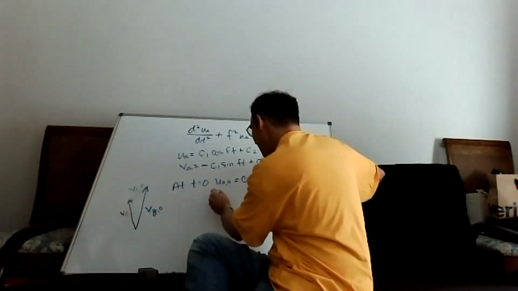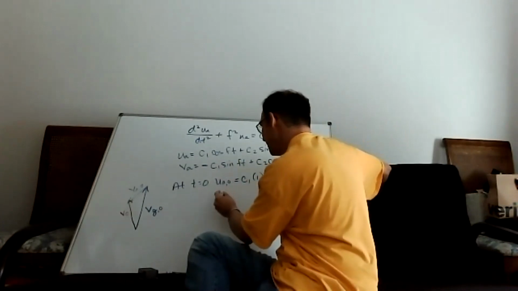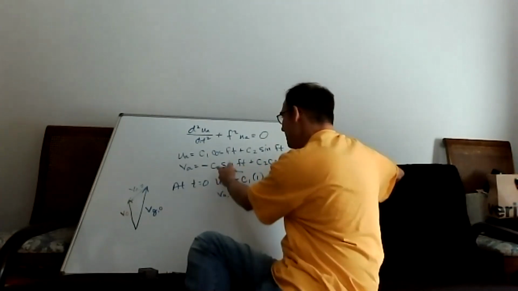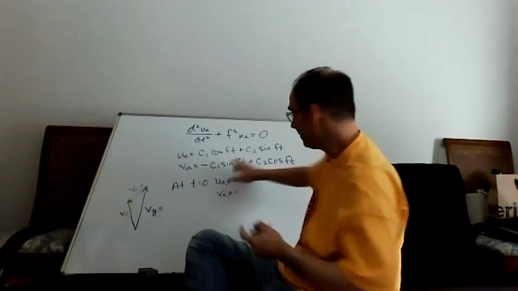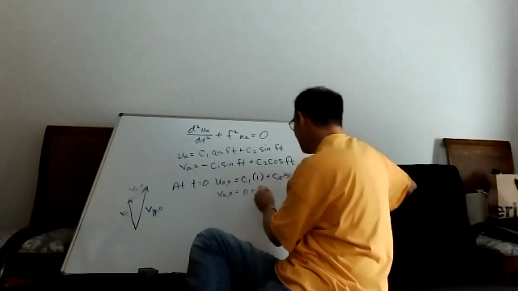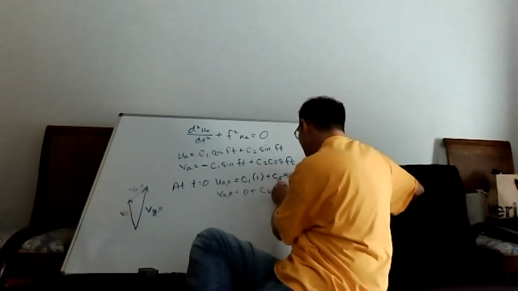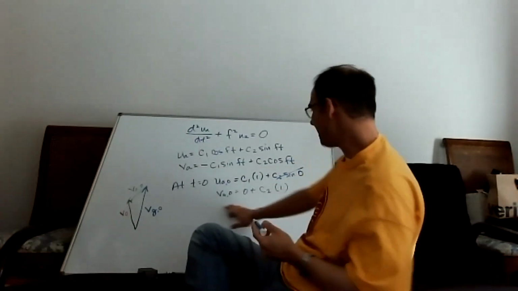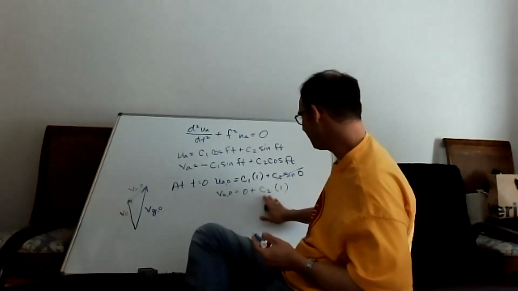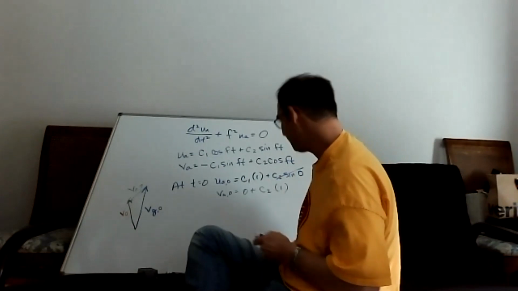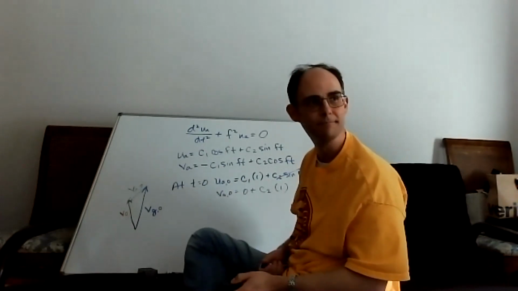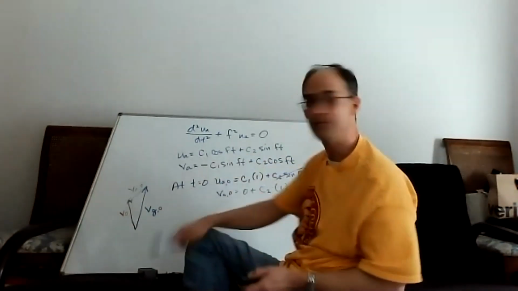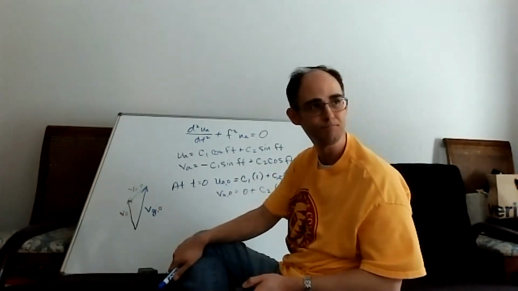And we can do the same substitution with v sub A, where v sub A naught equals minus C1 times the sine of 0, so that's 0, plus C2 times the cosine of 0, which is just 1. So it becomes obvious that C1 is u sub A naught and C2 is v sub A naught, and we can make those substitutions up here into these equations for C1 and C2.